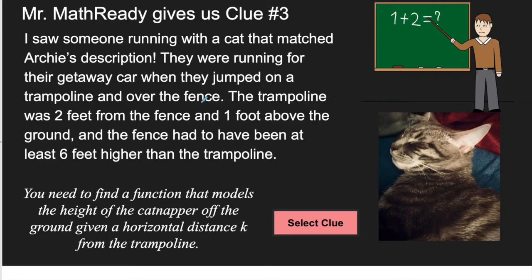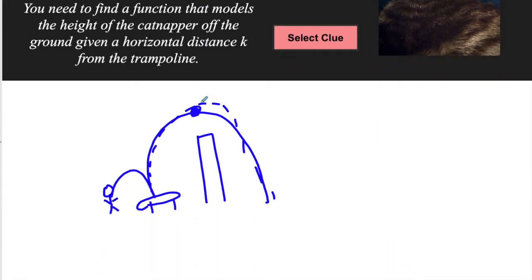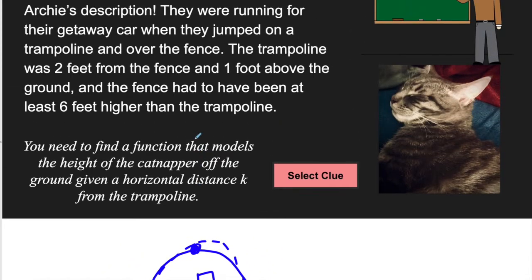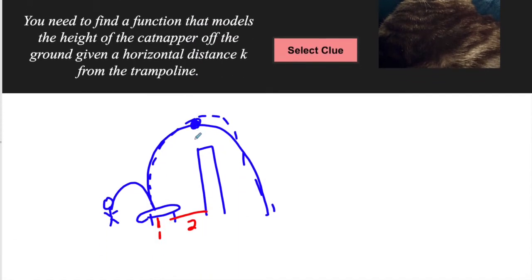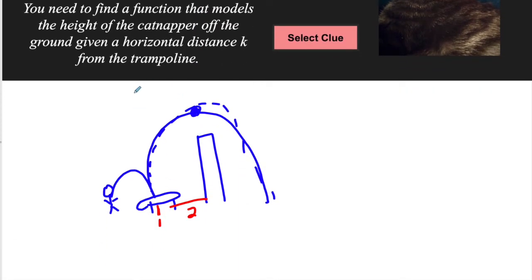So what I know is that it's 2 feet from the fence and 1 foot above the ground. So 2 feet from the fence and 1 foot above the ground where he hits. Okay? And I also know that k represents the distance from the trampoline.